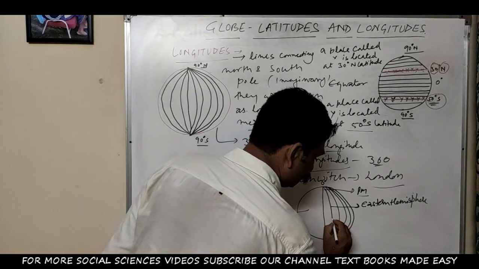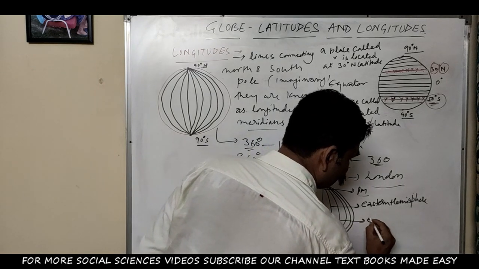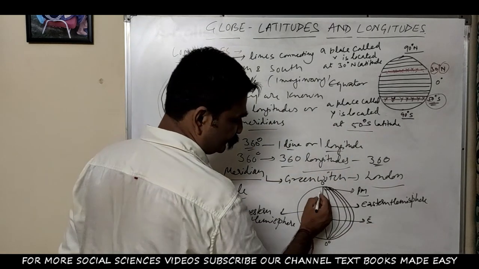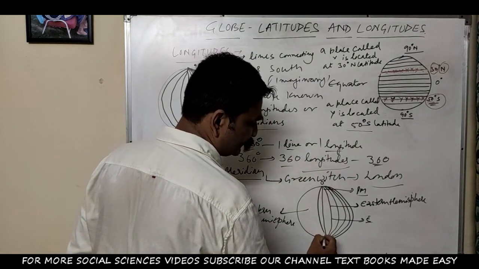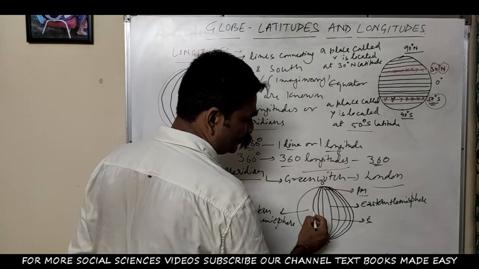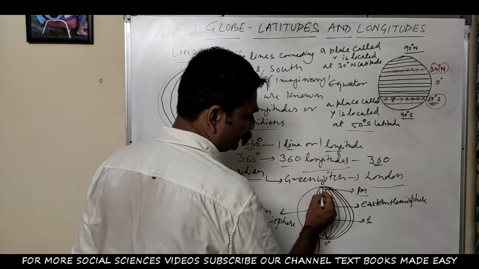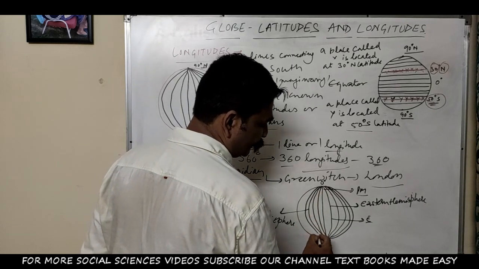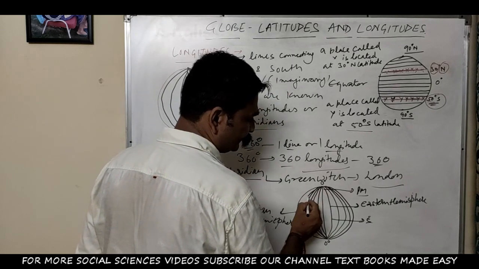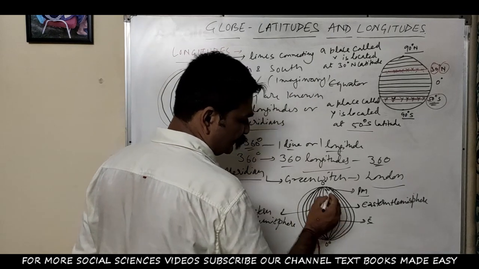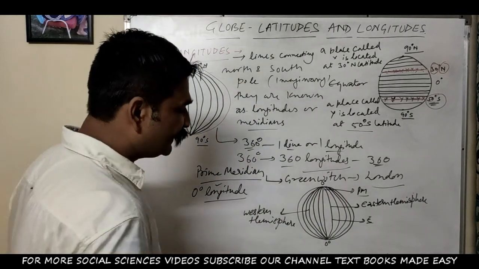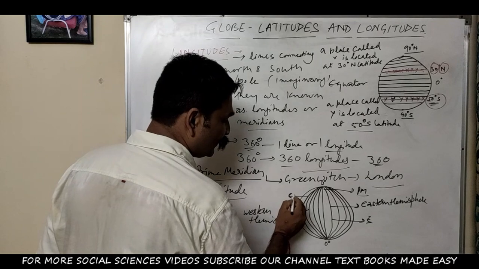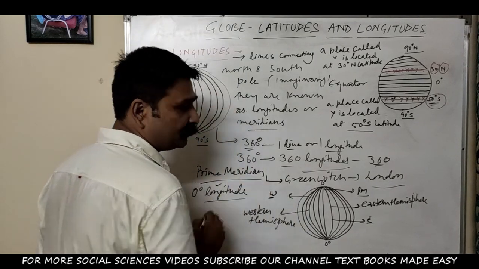So this line will have E with it, and all the lines which are drawn to the west of the prime meridian connecting the poles will have W with them.